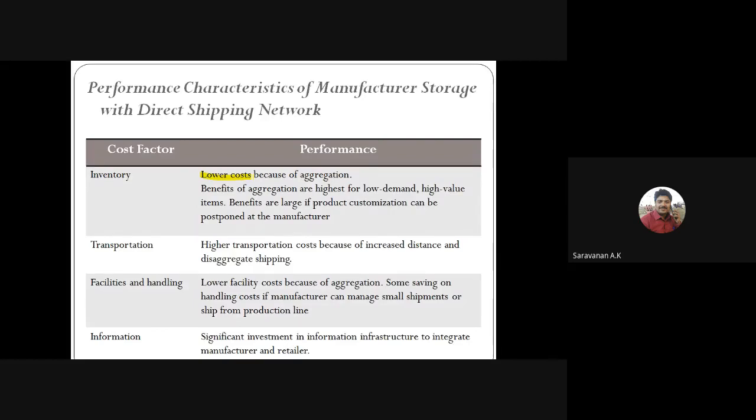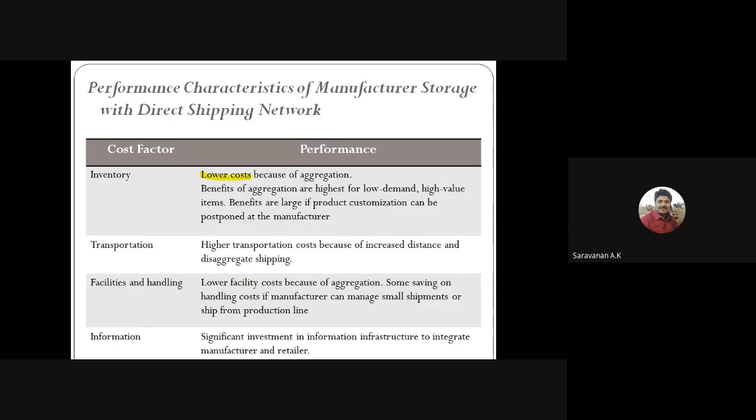Due to this aggregation, there are plenty of benefits, including even the forecasting of the demands, which is much more accurate when we are trying to forecast the aggregate demand, right?